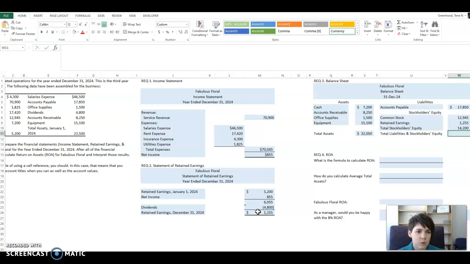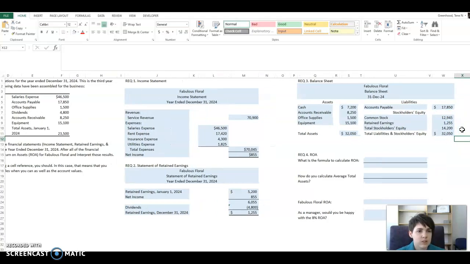This last row is total liabilities plus equity, so we'll take the total liabilities plus the total equity, and we get $32,050, and we see the total assets, $32,050, is equal to total liabilities and stockholders' equity of $32,050, and so that's good news because we're balanced, and that tells us that we've done the right thing. So that is preparing the financial statements, and if you need additional help, please let me know.